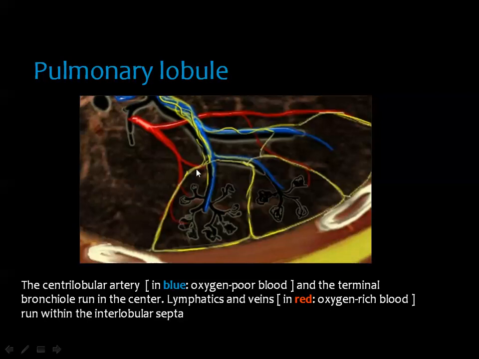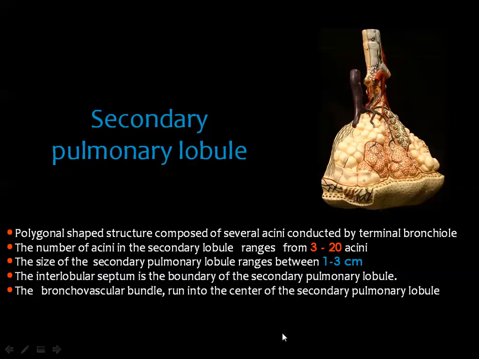The pulmonary lobule is a hexagonal structure which is located immediately in the subpleural area, and this lobule contains the centrilobular artery, the terminal bronchiole, lymphatics, and veins. The distribution in relation to the lobule is very important in assessment of the different patterns of diffuse lung disease.